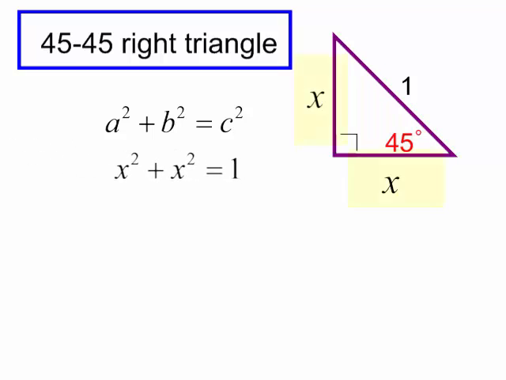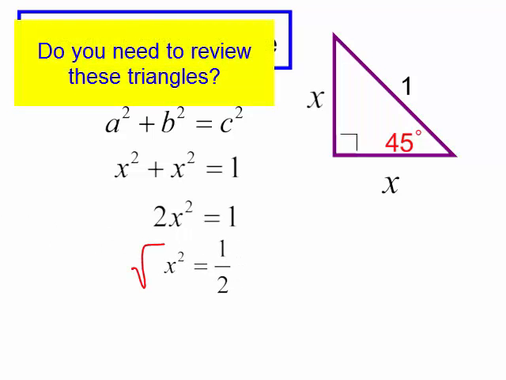In this case, one leg squared, which is x squared, plus the other leg squared, another x squared, is equal to 1, which means 2x squared is equal to 1. Divide both sides by 2. I will take the square root of both sides, and x will equal the square root of 1 over 2. And the square root of 1 is just 1.